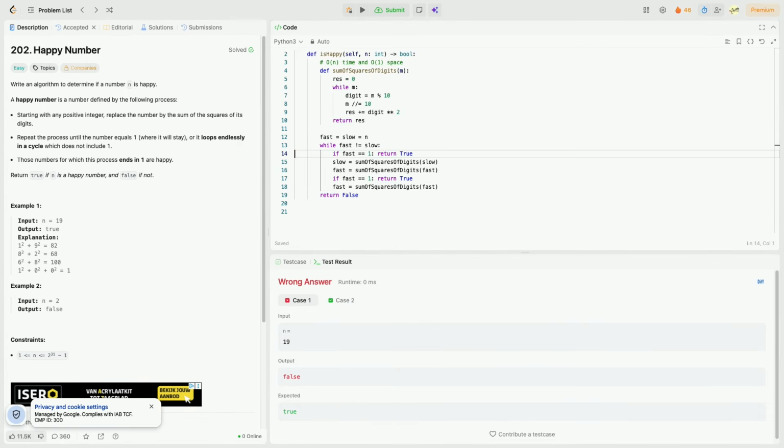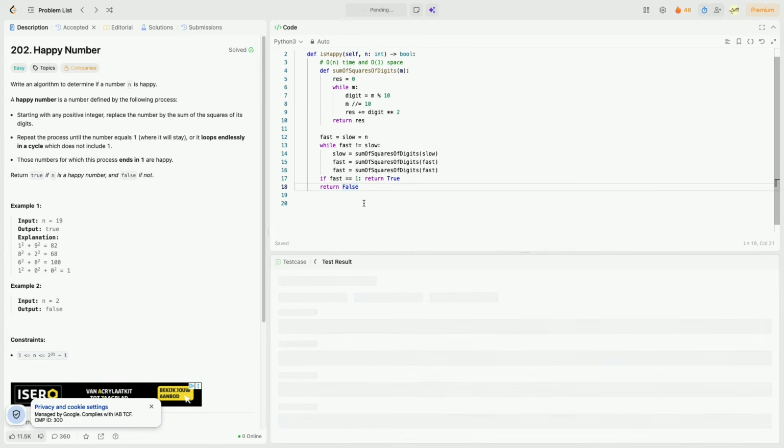Or we can just move this outside of the loop. So we compute fast twice, slow once. And then at the very end, we check, well, if fast equals 1, return true. Otherwise, we return. So this loop will terminate either when fast and slow are the same, which means we're in a cycle, or when fast and slow reached 1, right? So then we could return true.